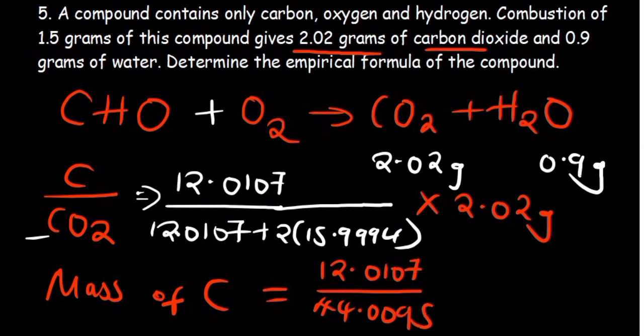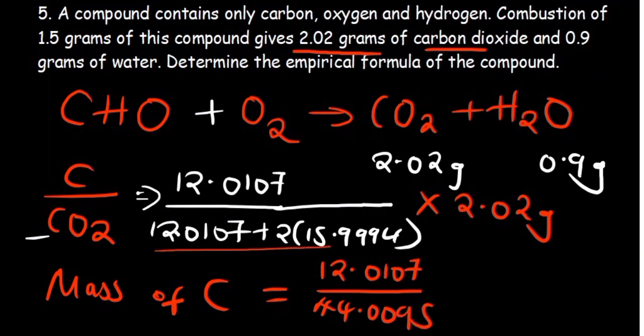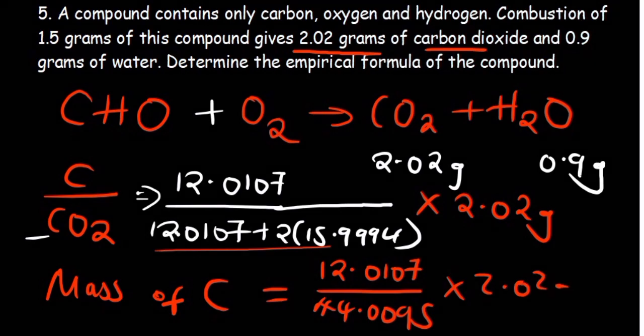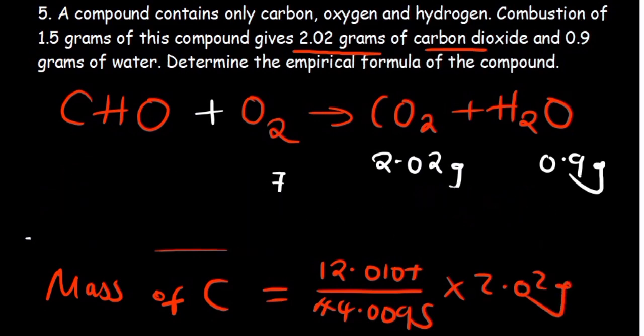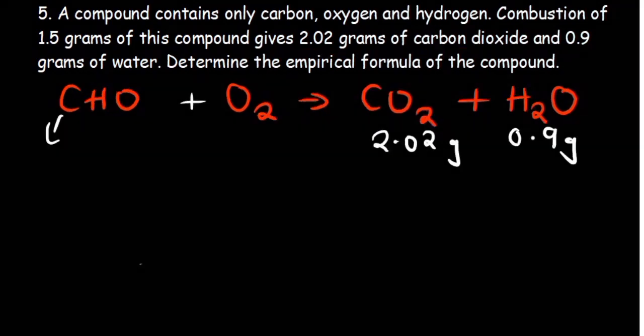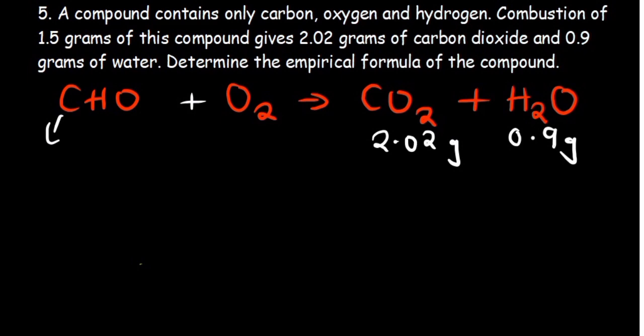What is the addition of what is on the bottom there? Multiplied by 2.02 grams. So what mass of carbon are you going to have? I'm getting a mass of 0.5513. So that's the mass of our carbon there.